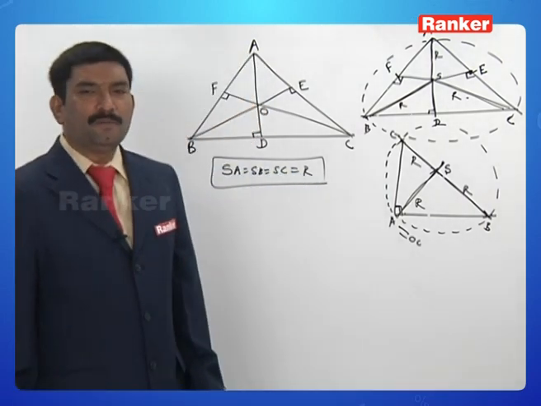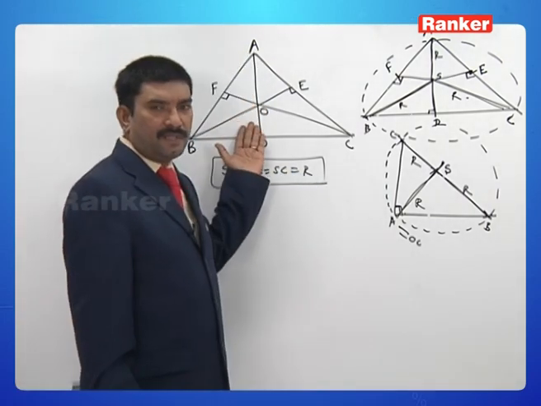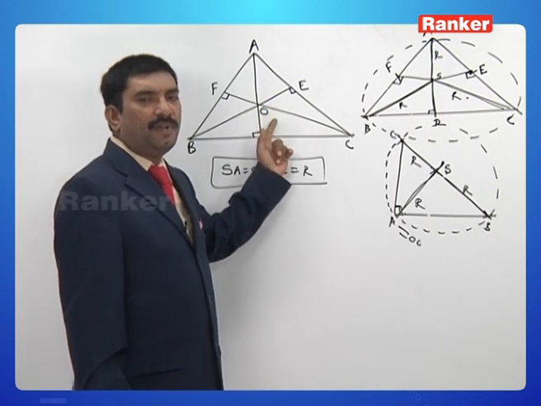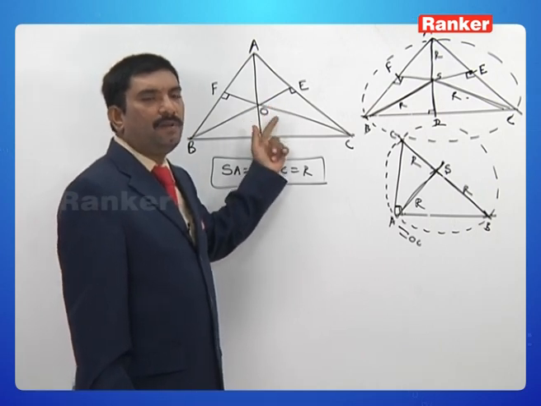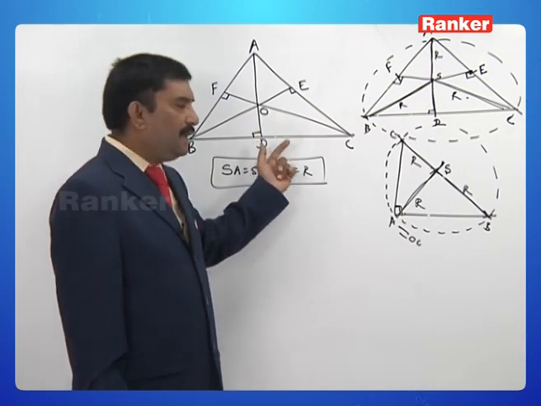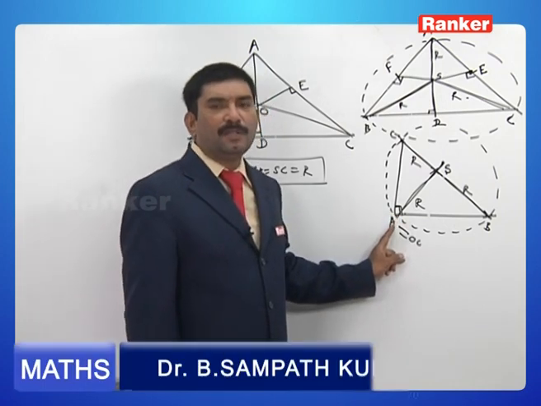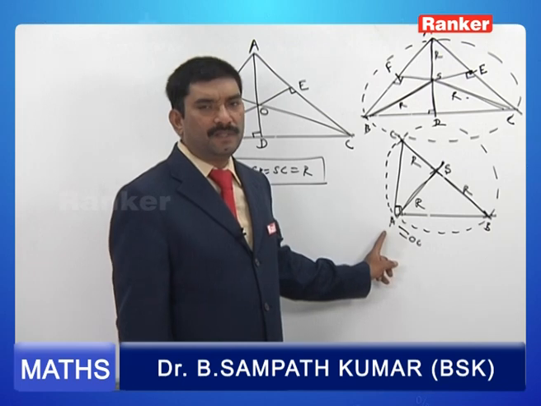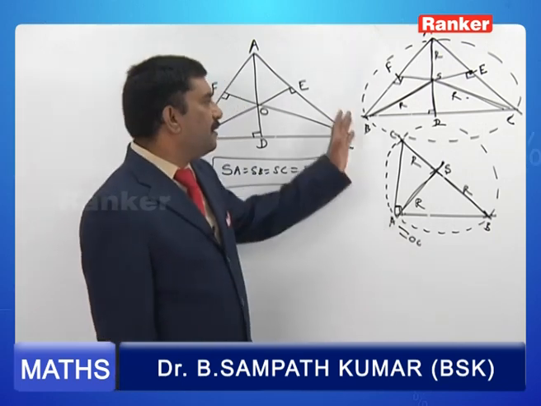Today we came across the orthocenter. What is orthocenter? The point of concurrence of altitudes of a triangle is known as the orthocenter. In case of a right angle triangle, the point of intersection of perpendicular sides is the orthocenter. Then I came to the circumcenter.